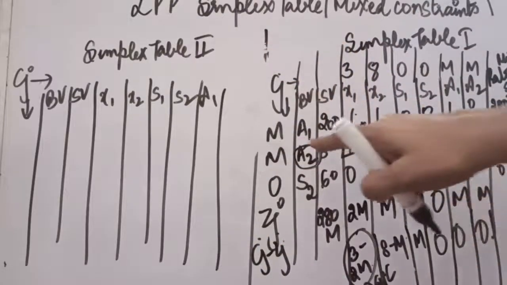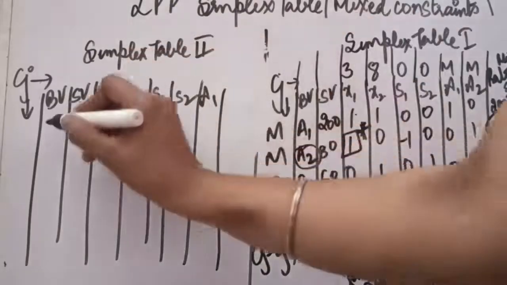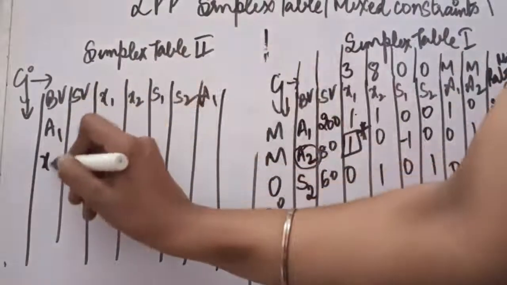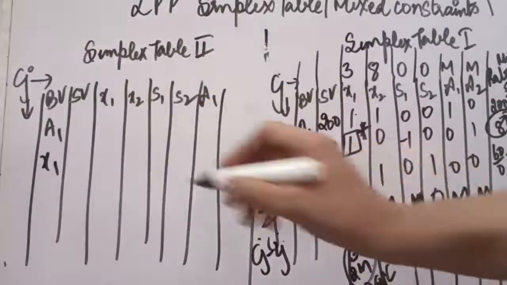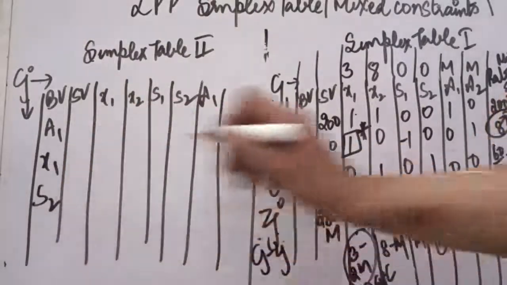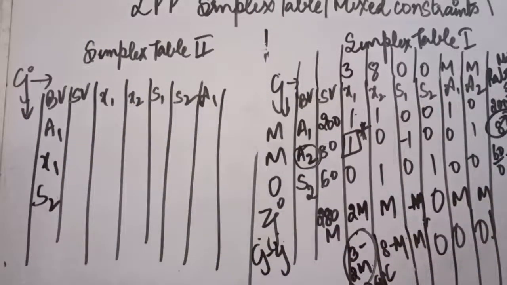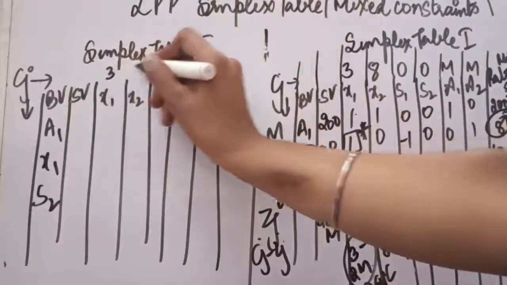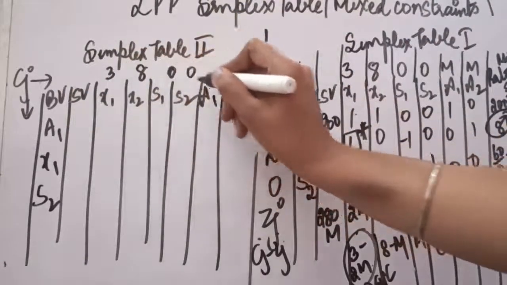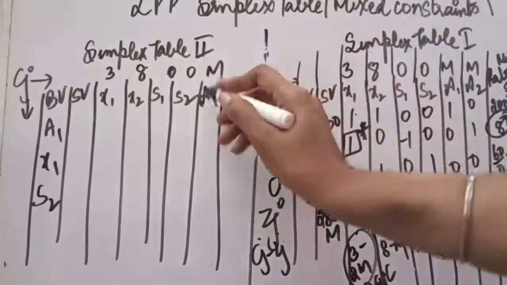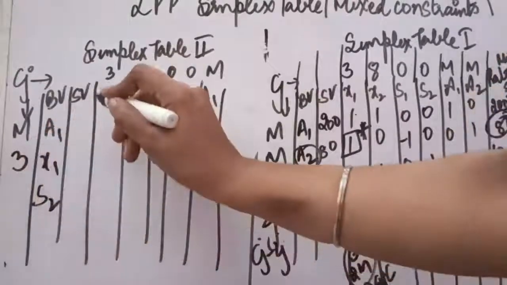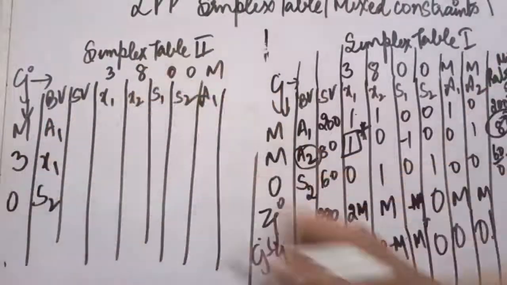Now our A1 will be at its own place. In the place of A2, X1 will be replaced, and in the place of S2, S2 will be there. So the second row has become our key row.